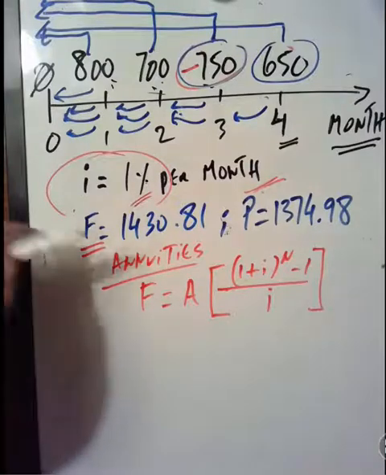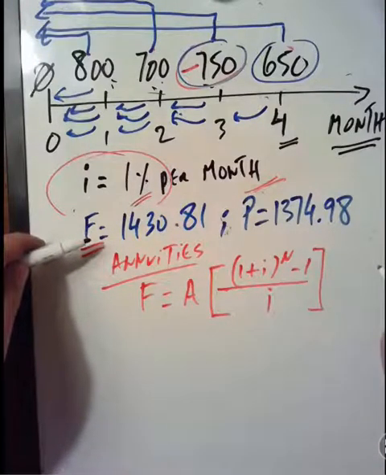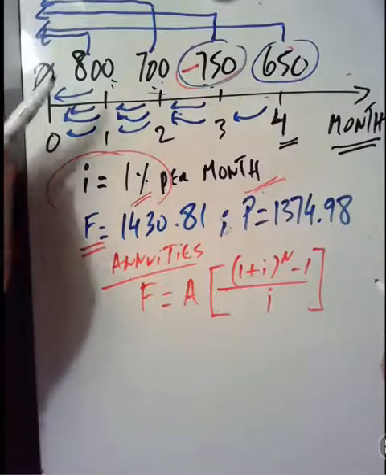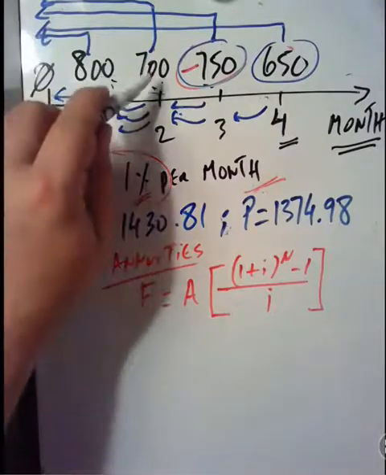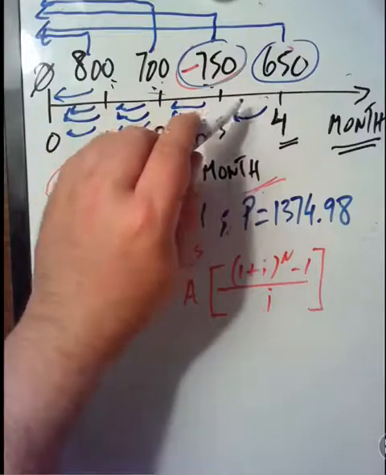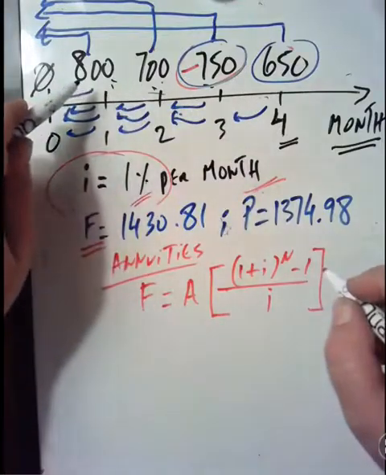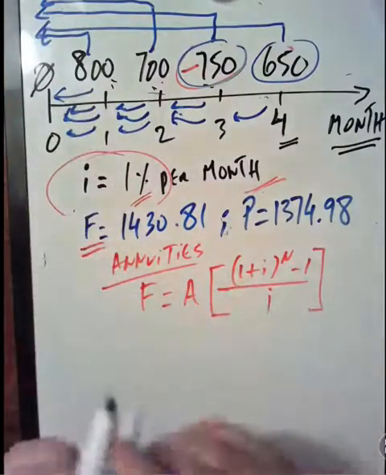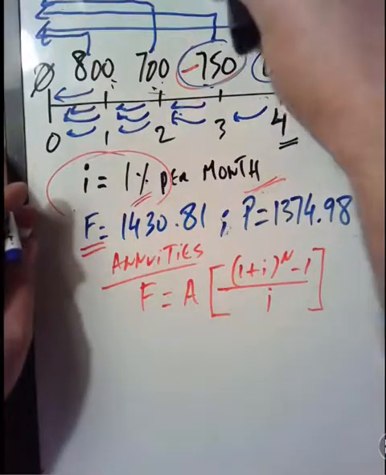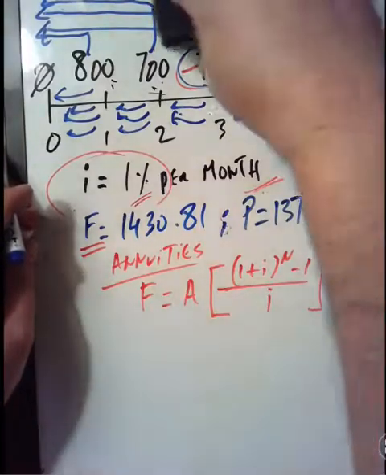formulas. So if I know the future value, the question is, what is the constant uniform amount that has the same future value as these varying cash flows?